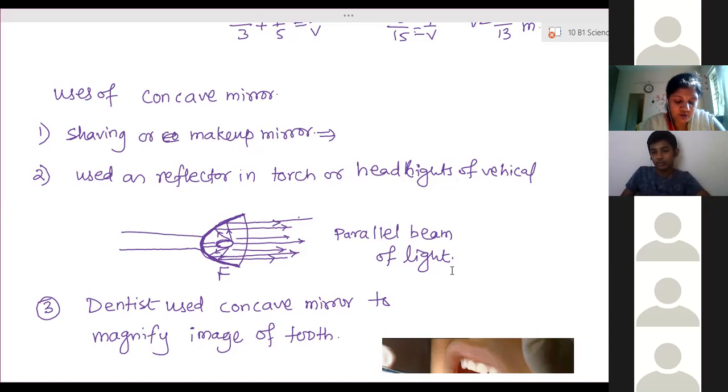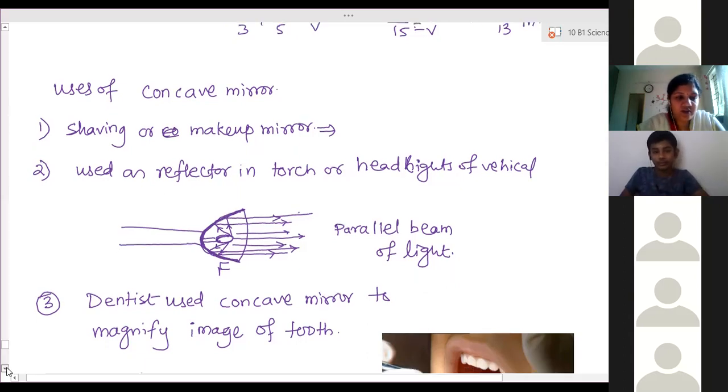We use them in periscopes, and decorations. Fourth one, solar furnaces.